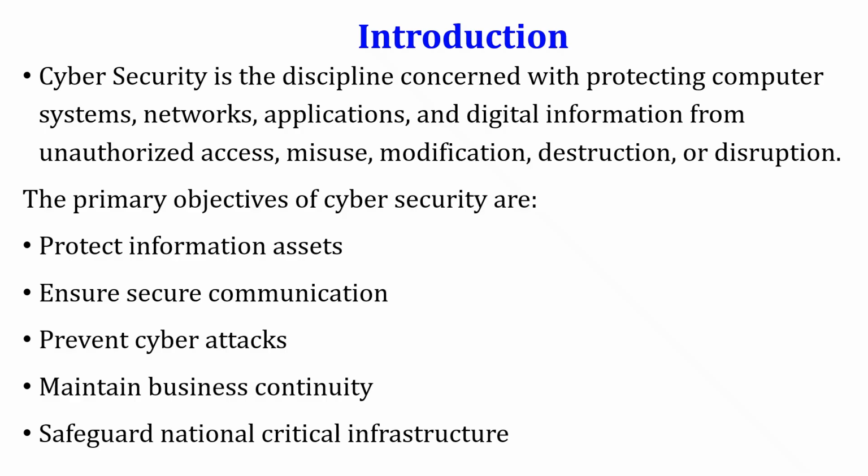So the prime objective of cybersecurity is to safeguard the information which are of great asset. Then to ensure secured communication in the data exchange and to prevent cyber attacks, at the same time maintaining business continuity and safeguarding national critical infrastructure. So these are the prime objectives of cybersecurity.